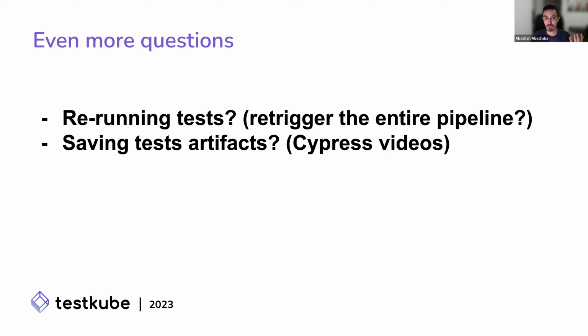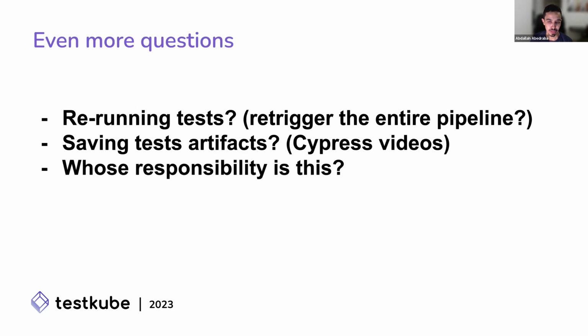And if you want to store these videos and screenshots, probably what we've seen people do is actually connect their CI pipelines to a storage bucket. So that could be Amazon S3, and then upload those videos from Cypress so you could review them later. But then you have test results being spread around in multiple places, and it's also not trivial to connect these systems together.